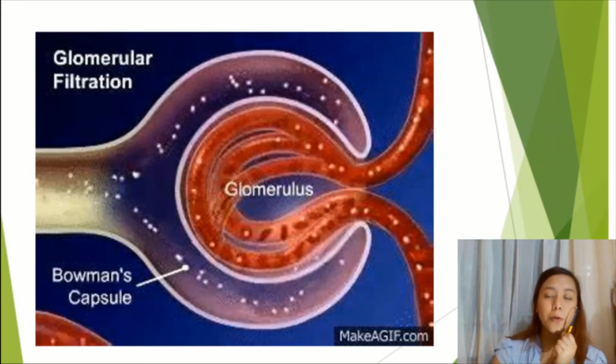capsule. So, as you can see in here in the illustration, this is our bloodstream and this is the Bowman's capsule. So, our bloodstream is being filtered via this Bowman's capsule. So, usually, si Bowman's capsule ta, gusto yung mga gagmay lang gid ang masulod.